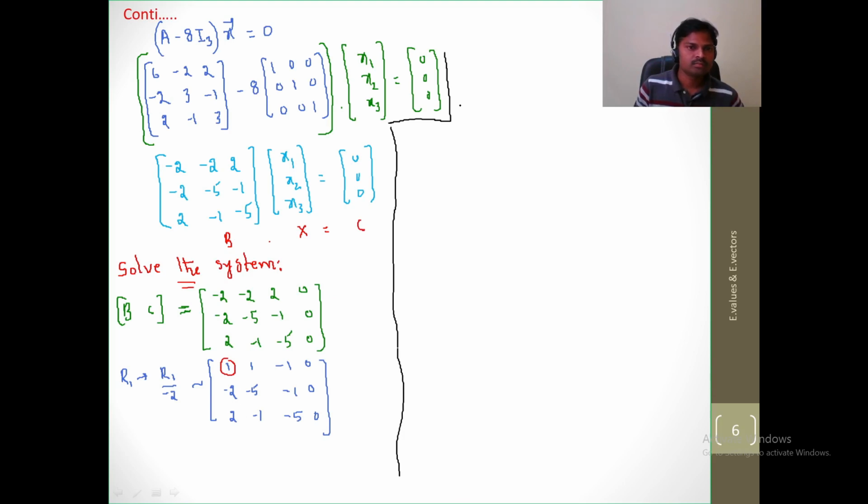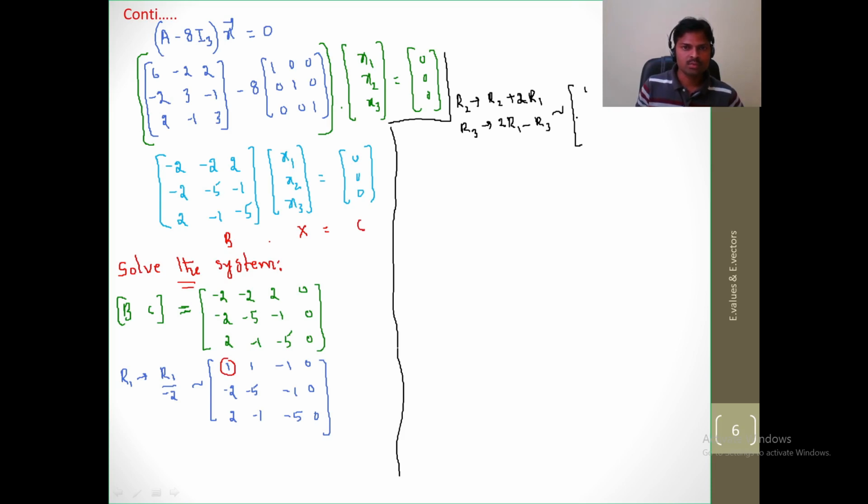Here I want to modify R2 as R2 plus 2 times R1, and R3 as 2 times R1 minus R3. These two row operations I want to apply at a time. The first row is not modified: 1, 1, minus 1, 0.